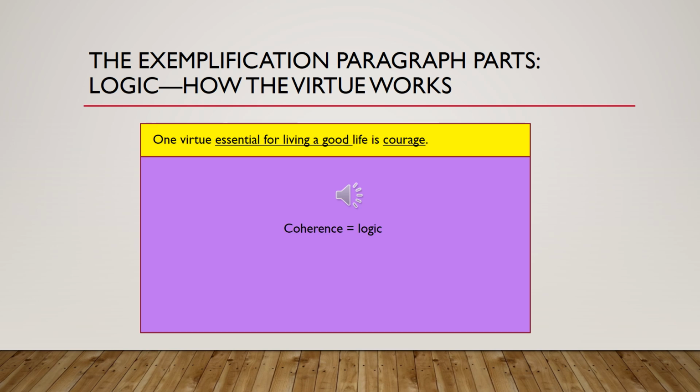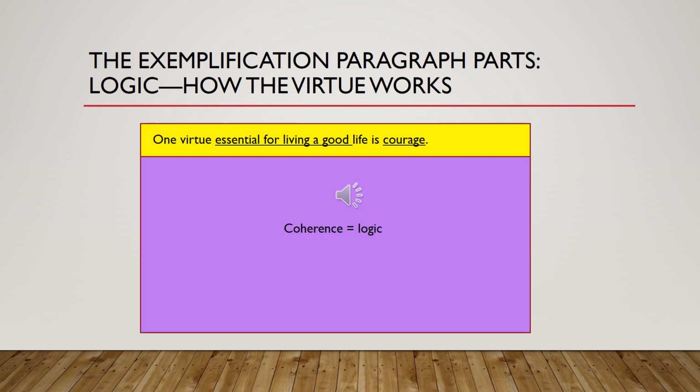If you are stating that courage is essential for living a good life, before you can show somebody being courageous, you have to explain how courage is essential for living a good life. In other words, how does it work? So after your topic sentence, the next sentence or two needs to explain how courage functions.